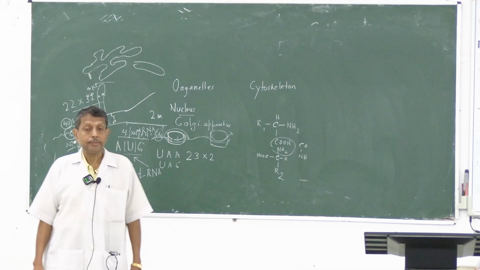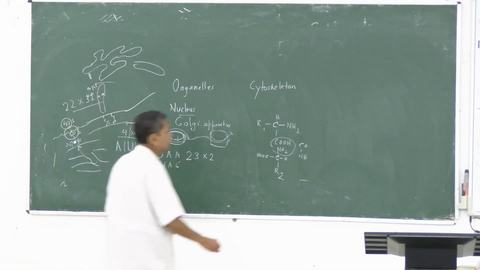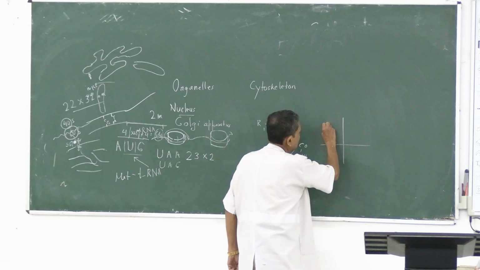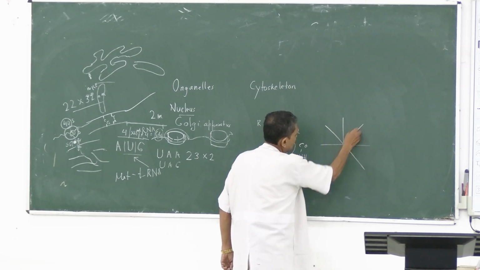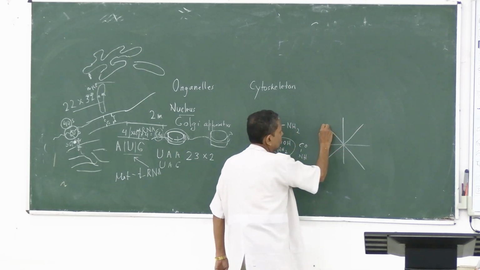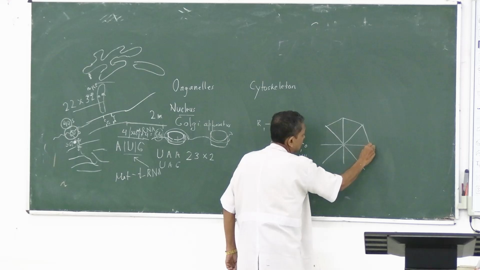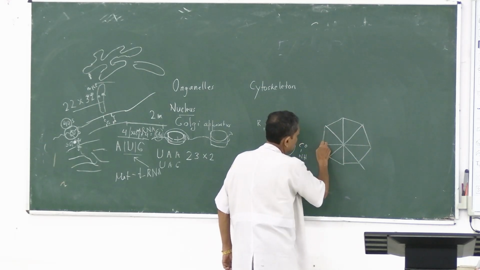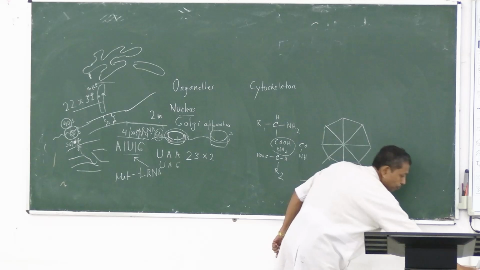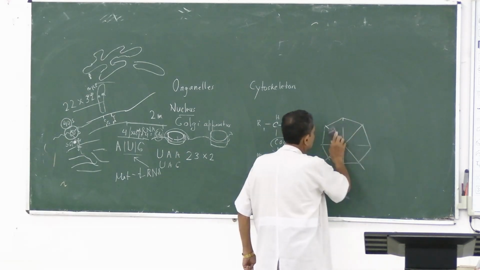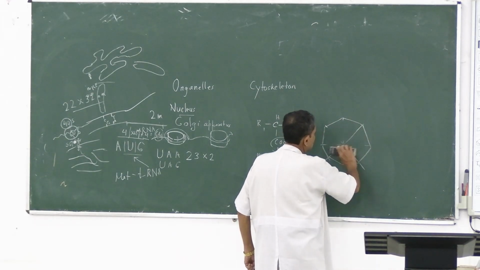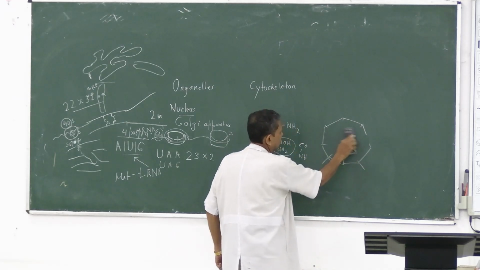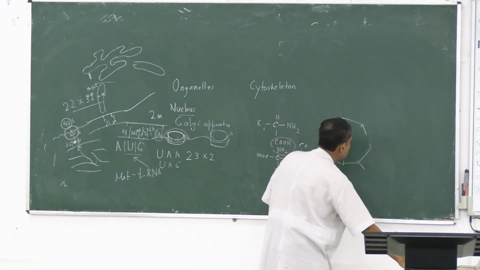Pore complex, 8 subunits. Suppose you can draw a figure in your notebook, with this type of structures. Numerous proteins are there.